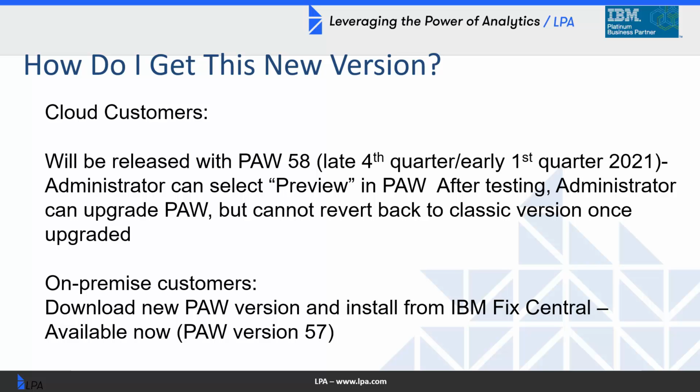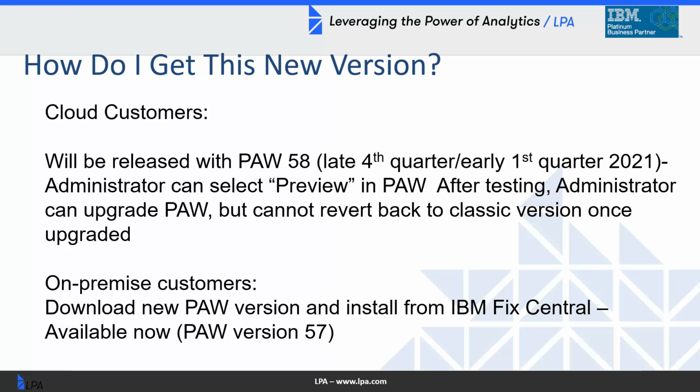So we're getting this question a lot. How do I get this new version? For cloud customers, it's not available quite yet. Sometime in the late fourth quarter, possibly early first quarter, this will be released as an update.